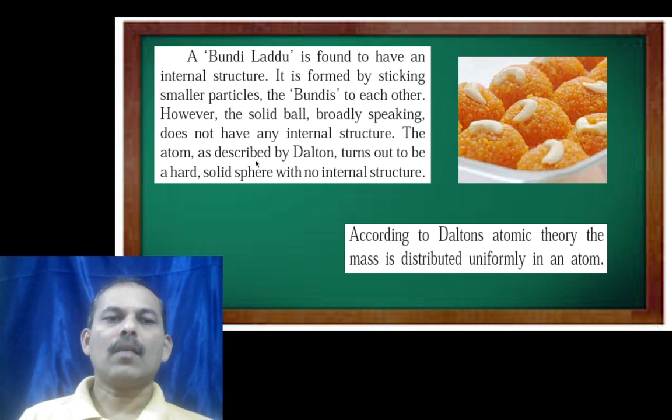The atom, as described by Dalton, turns out to be a hard, solid sphere with no internal structure. According to Dalton's atomic theory, the mass is distributed uniformly in an atom.